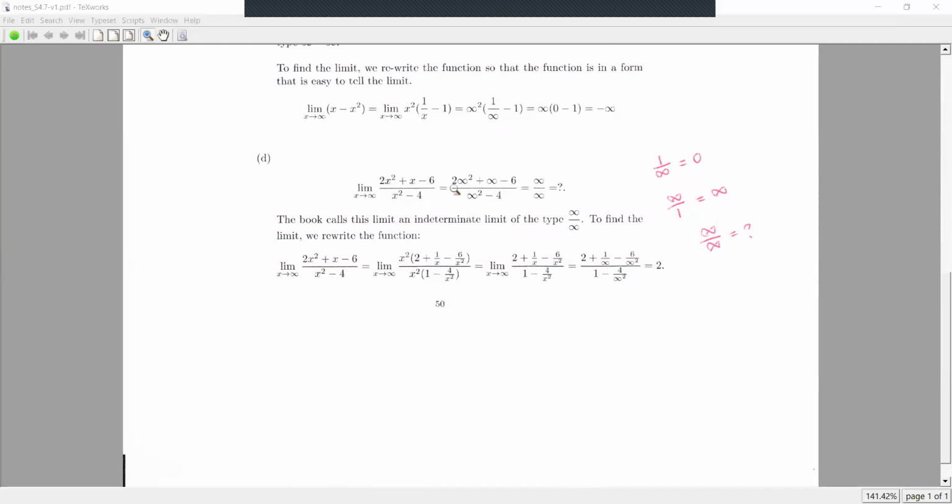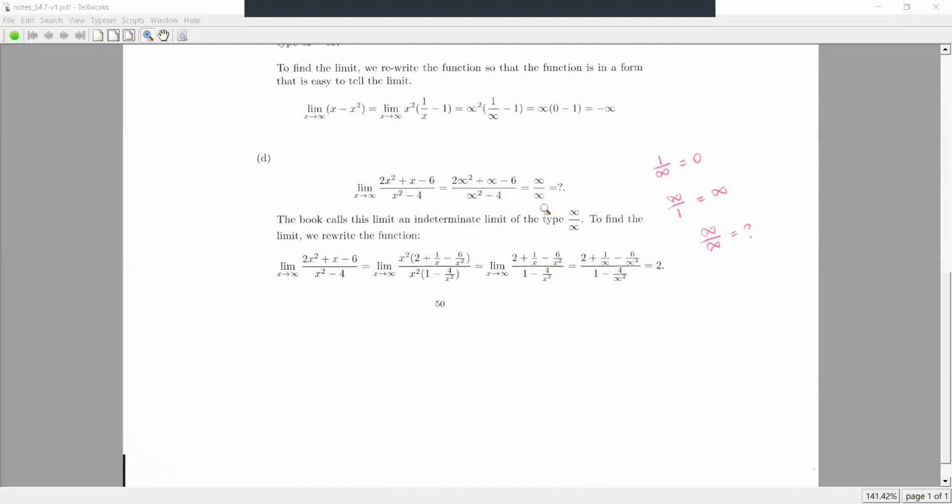In the numerator, 2 times infinity squared plus infinity minus x, minus 6 should be infinity. That means that when x approaches infinity, the denominator approaches infinity, the numerator approaches infinity. Now, direct substitution leads to infinity over infinity.